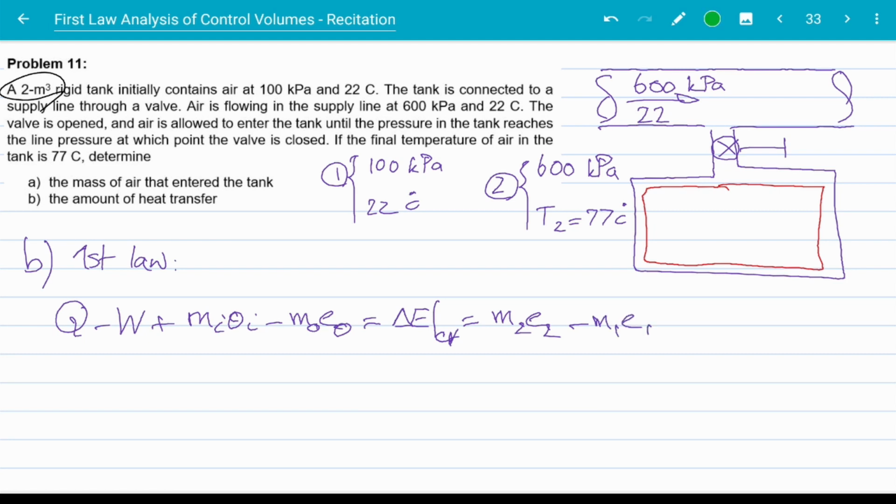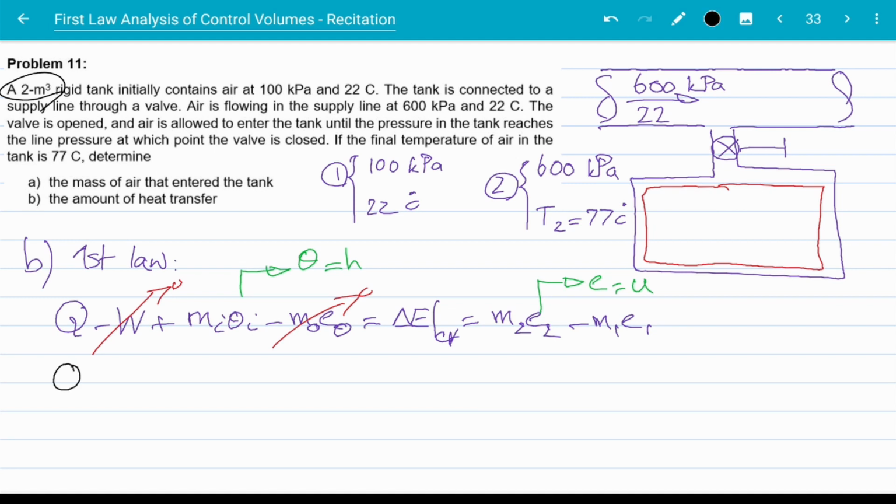Again, ignoring kinetic and potential energy, theta is enthalpy and E is internal energy. During this process, there is no work done, so work is out. We know that there is no mass going out, so this is out. And we are looking for Q.